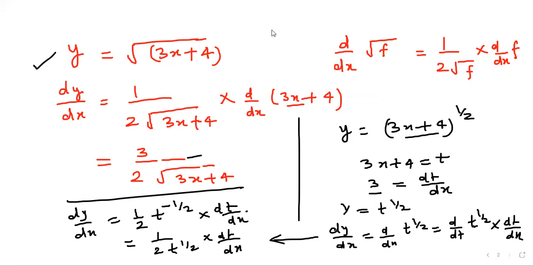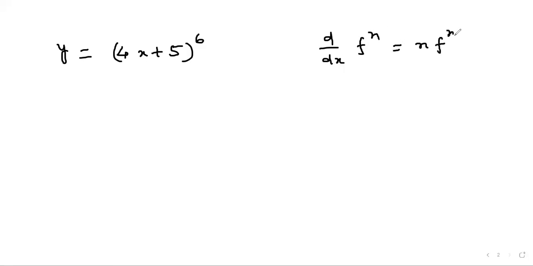Take another example. Suppose y equal to 4x plus 5 whole power 6. So we are going to apply the formula d upon dx of function power n will become n times function power n minus 1 into d upon dx of function.